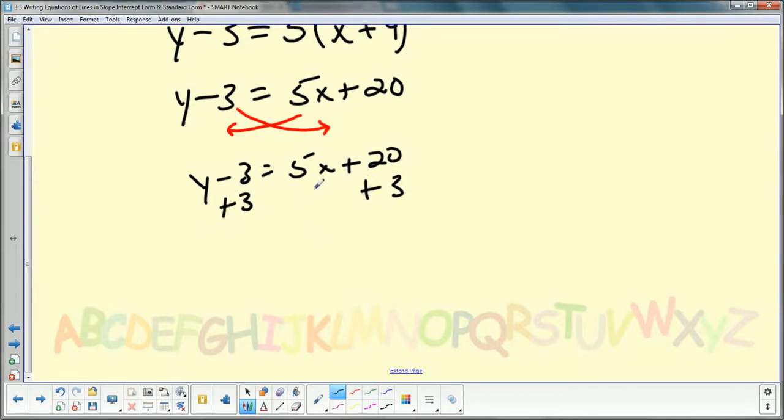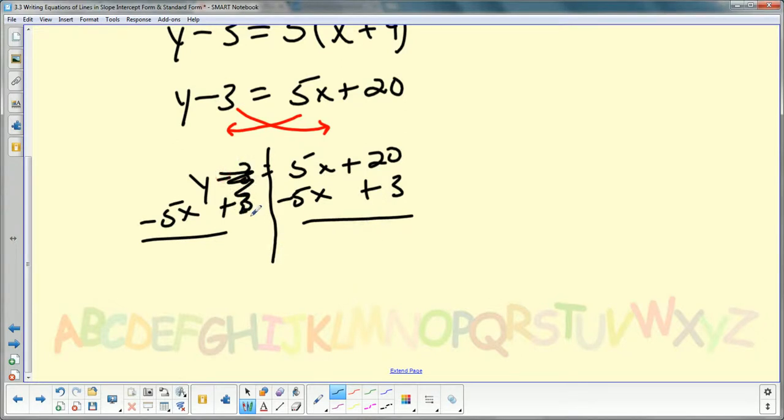Now, if I want to get rid of this 5x, meaning I don't want it to be here, I want to shift it over there, I need to subtract 5x. So I'm going to write minus 5x right there. Okay, now this can get confusing, so you probably want to draw a line down the middle. All right, that negative 3 and that plus 3 cancel out. That's the whole point of doing that. And we're going to have a negative 5x. We don't want to multiply these. We need to say plus y.